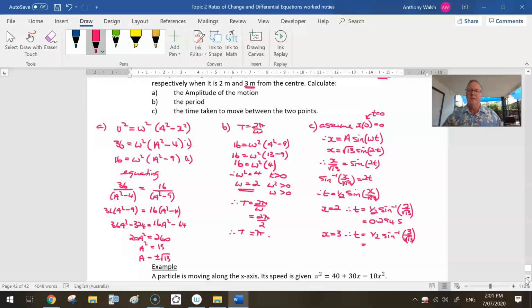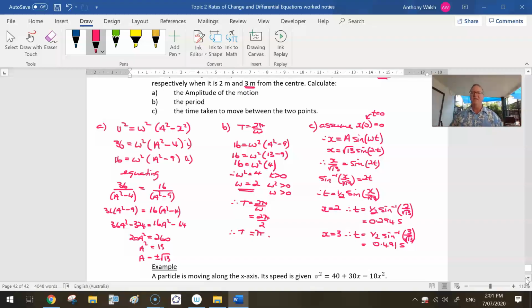Put that in the calculator in radians mode. It works out to be 0.491. So it takes 0.294 seconds to get 2 meters from the origin. It takes 0.491 seconds to get 3 meters from the origin.